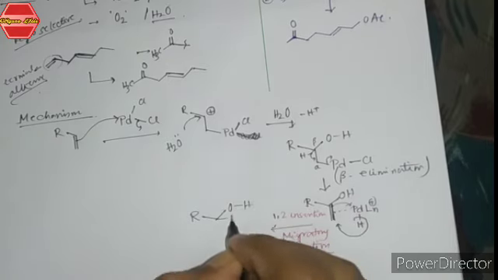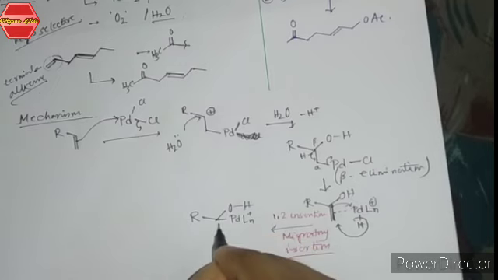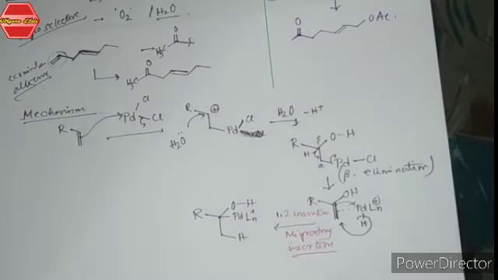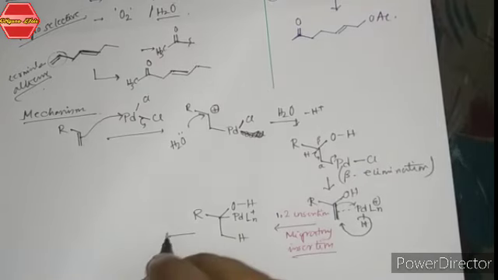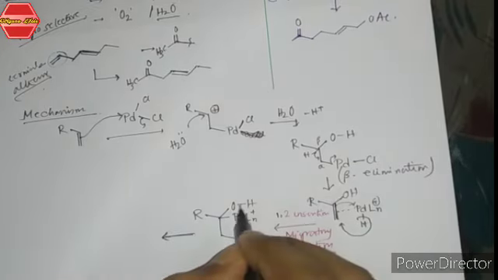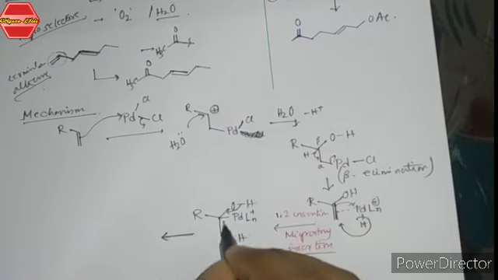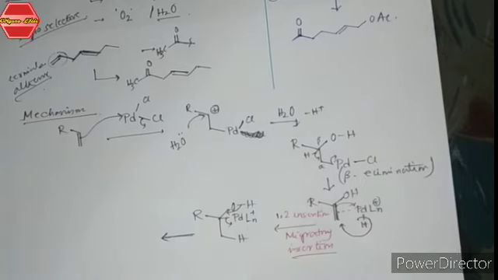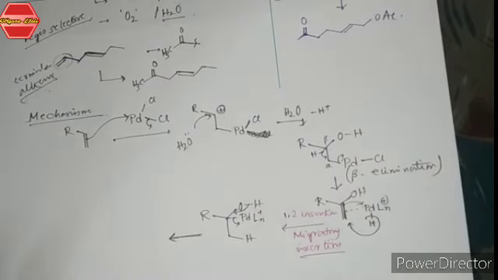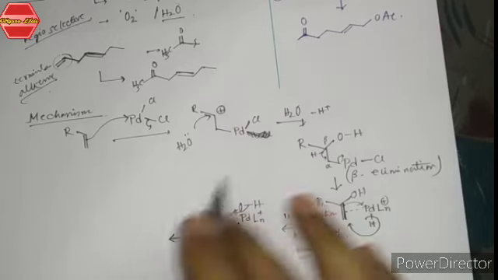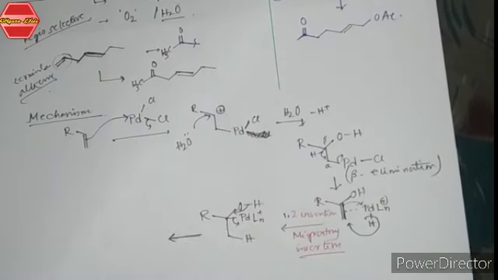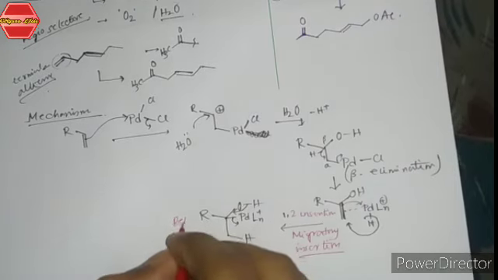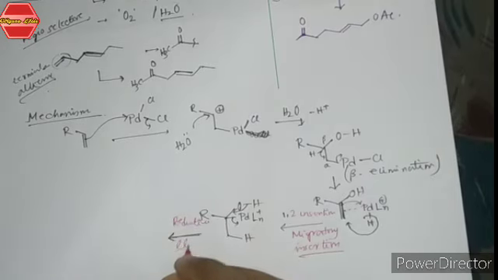This center is attached to the palladium like this, and here you have the hydrogen on this carbon. Then the final step: this bond will go here and this total part will leave the system, and this is a kind of reductive elimination. So in this step you can call it the reductive elimination.